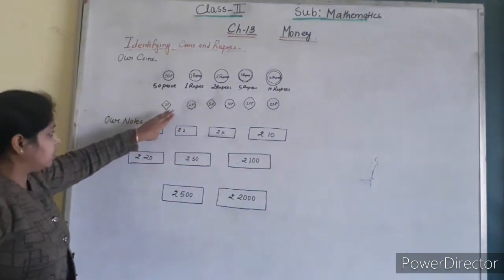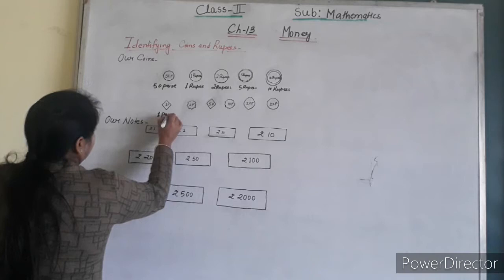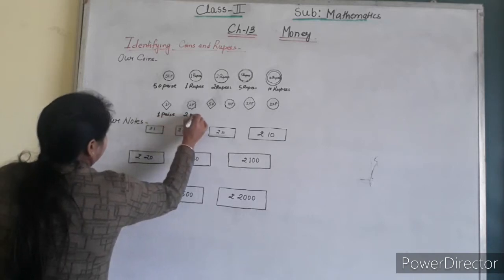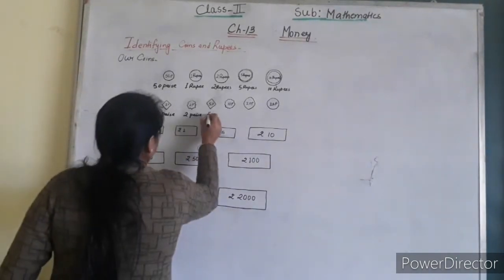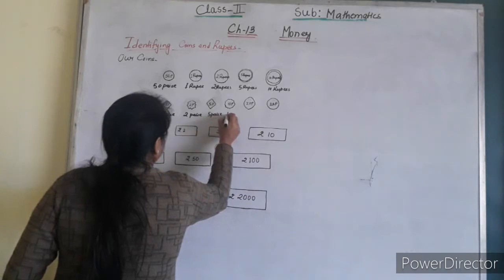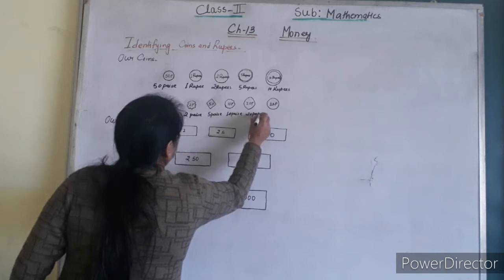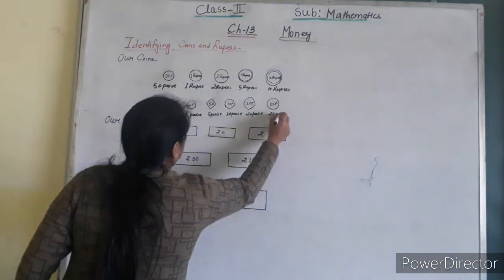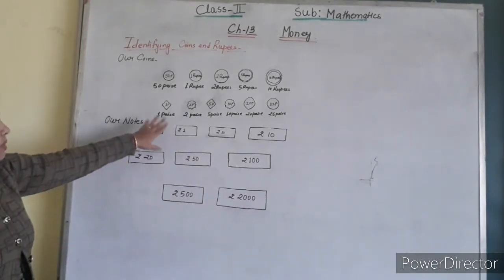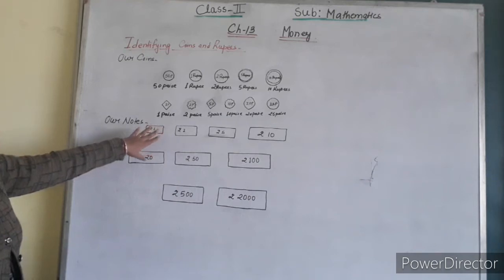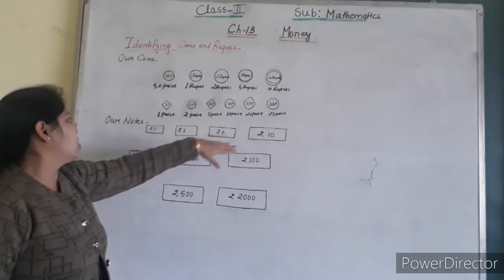These coins are not used nowadays. Previously these coins were used, but nowadays they are not used. But these 50 paise, 1 rupee, 2 rupee, 5 rupee, 10 rupee coins are used nowadays.